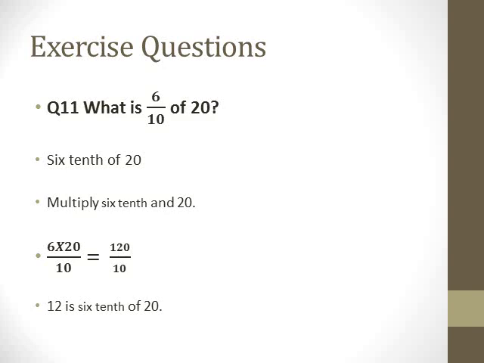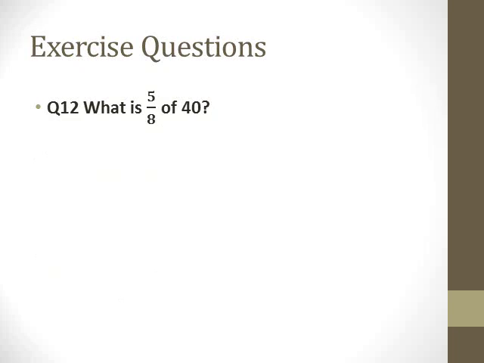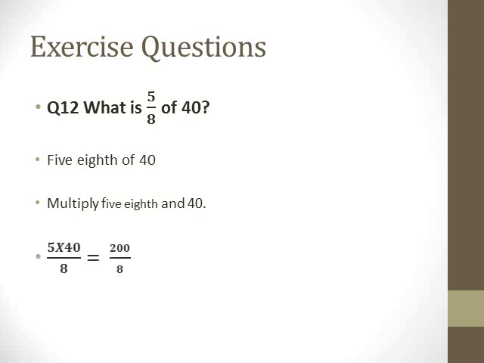Moving to the next question. The next question we have, question number 12, is asking, what is 5/8 of 40? So you are asked 5/8 of 40, and what you are going to do here is multiply 5/8 and 40, and when you multiply it, you will have something like this: 5 multiplied by 40 divided by 8.